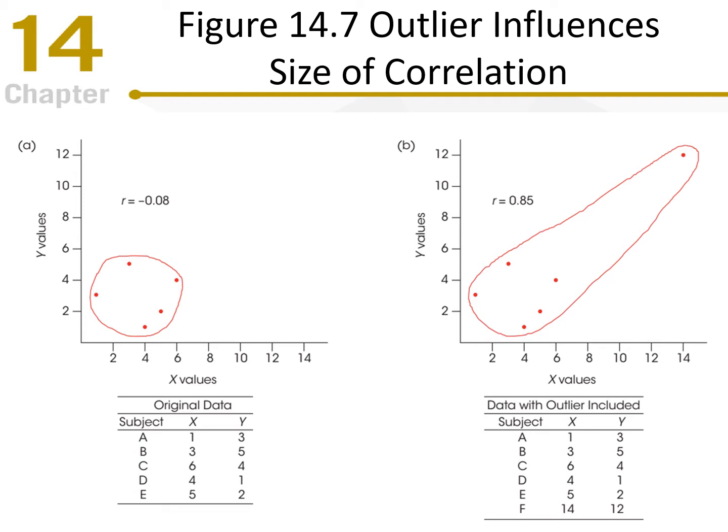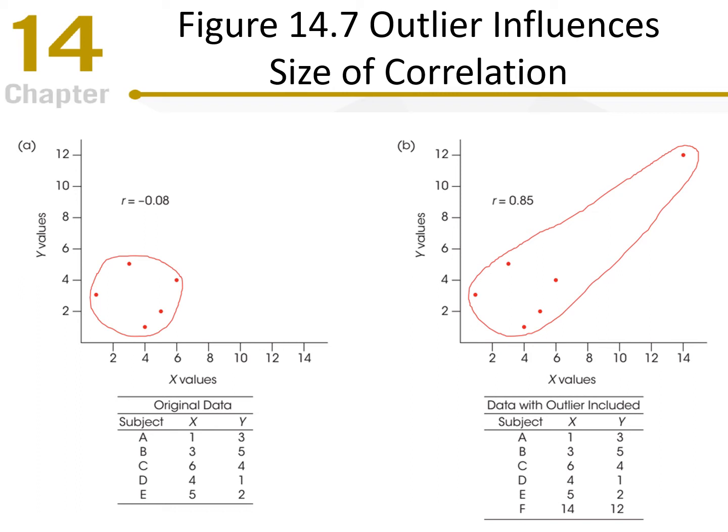And you can see that here. So if you look at the graph under A, you have a very weak correlation with these 5 data points, near 0. And now if I throw in an outlier, the person that scored 14 and 12, way at the top in graph B, all of a sudden the correlation becomes much stronger. It goes from near 0 to near 1.